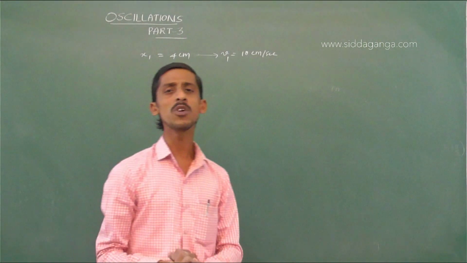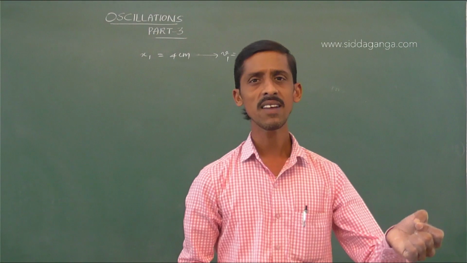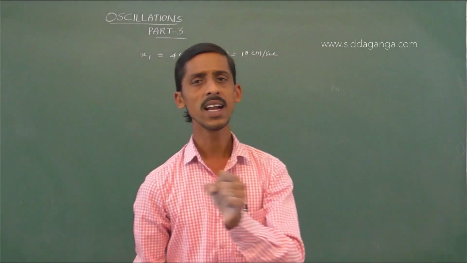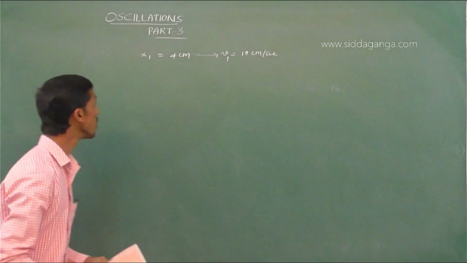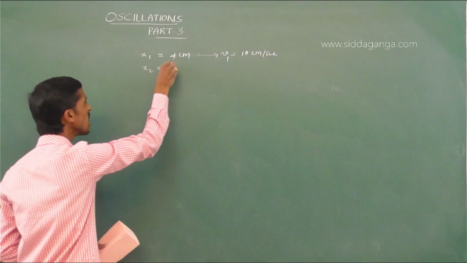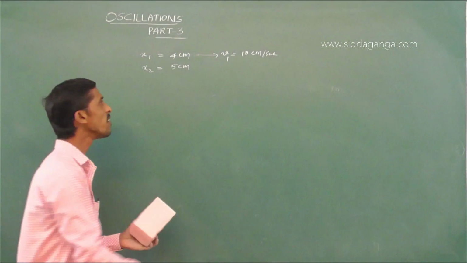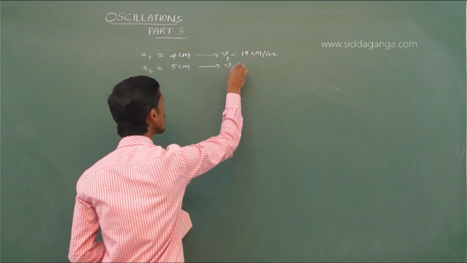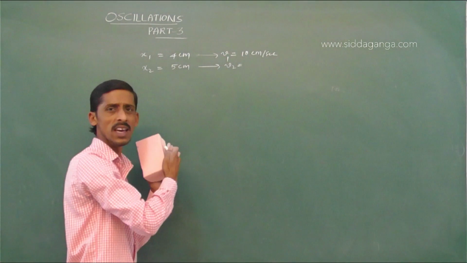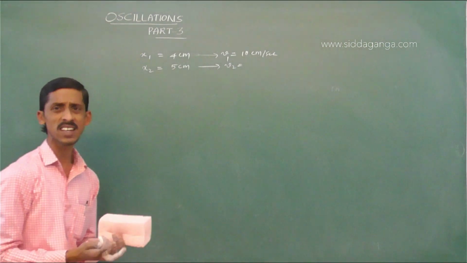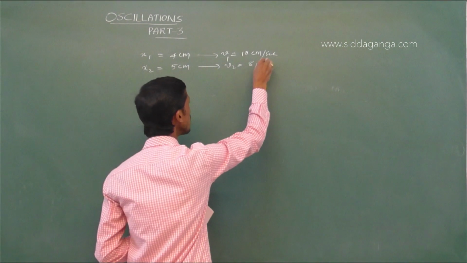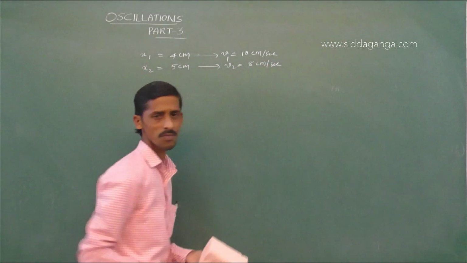In simple harmonic motion, particle velocity is different at different positions. When the same particle is at 5 centimeter position, its velocity obviously decreases. Why? Because as the particle is going from equilibrium to extreme position, velocity decreases. Here it is 8 centimeter per second.